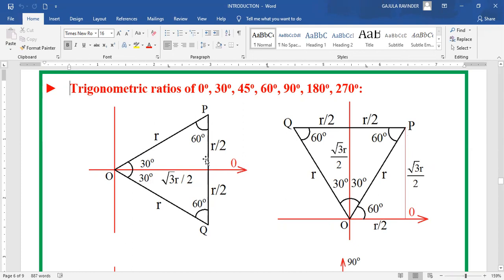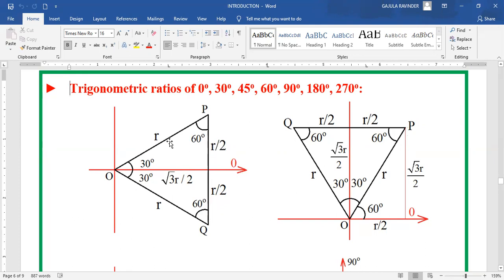Okay, friends. Now when R is one side of that equilateral triangle, of course, this total side will be also R, but here the x-axis is bisecting side PQ, so this half of the side can be taken as R by 2.